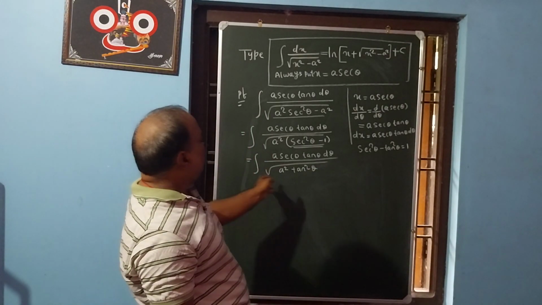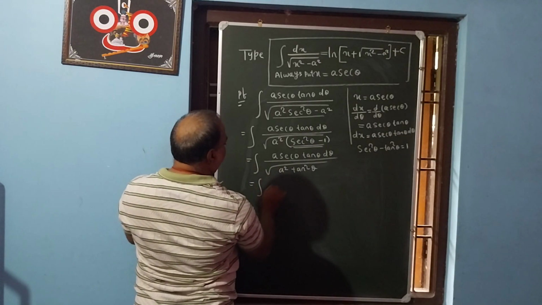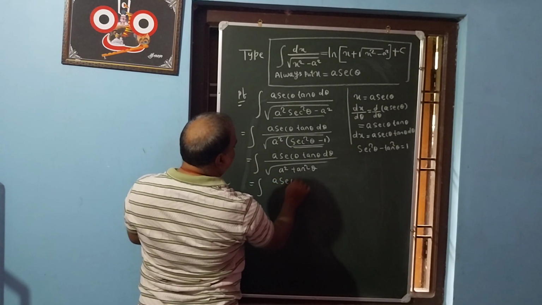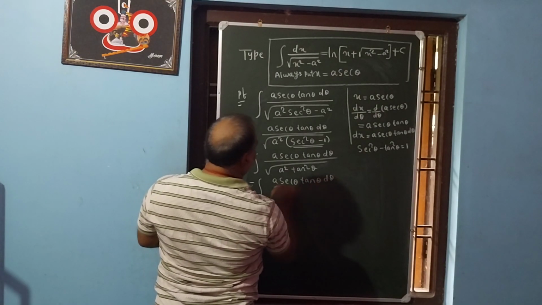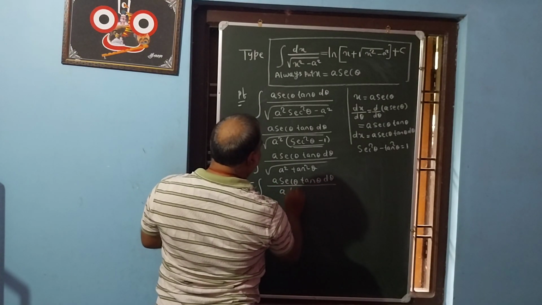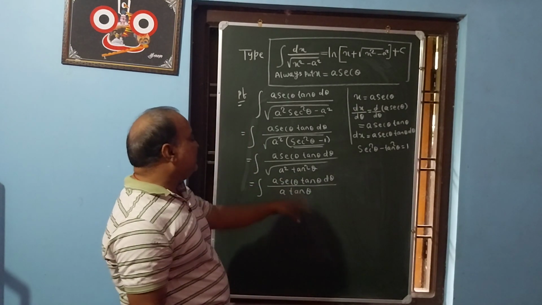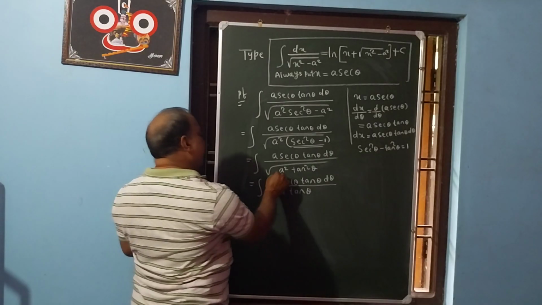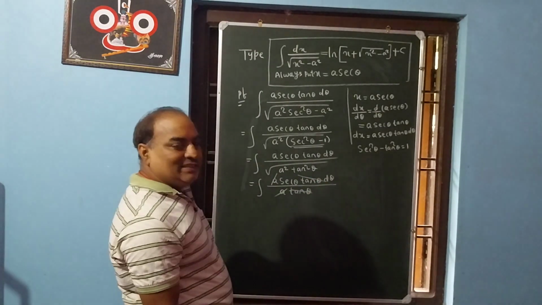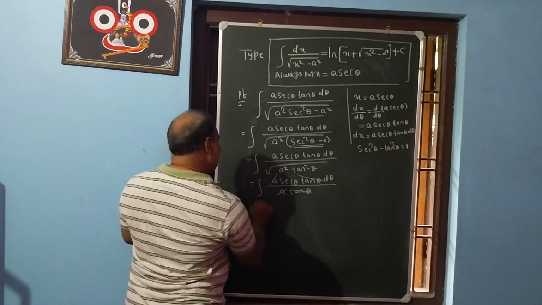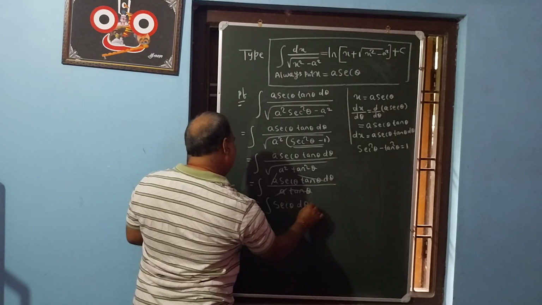Root over of a square tan square theta is a tan theta. So the integral becomes a sec theta tan theta d theta divided by a tan theta. The a tan theta in numerator and denominator cancel each other, and only sec theta remains. So integration of sec theta d theta.